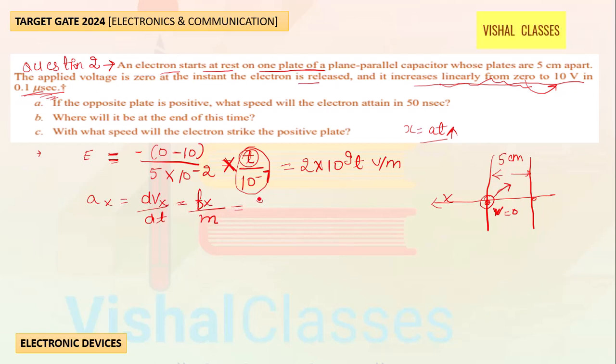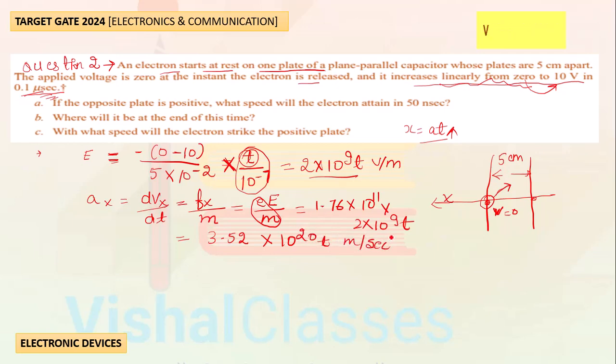Also the e by m ratio we have seen is 1.76 into 10 raised to power 11, and the electric field is 2.2 into 10 raised to power 9 into t. 1.76 into 2 gives 3.52, so 3.52 into 10 raised to power 20 t meter per second square. Acceleration unit is meter per second square.